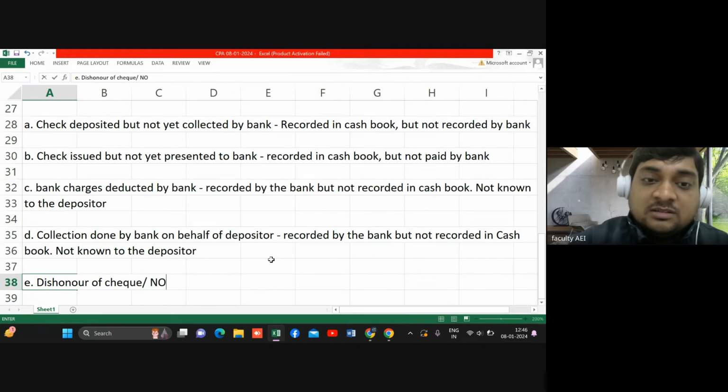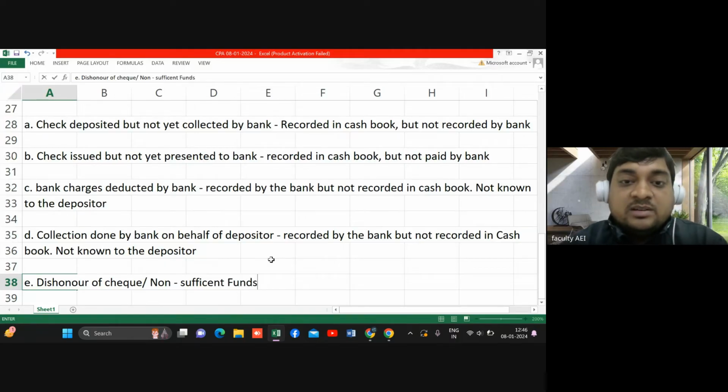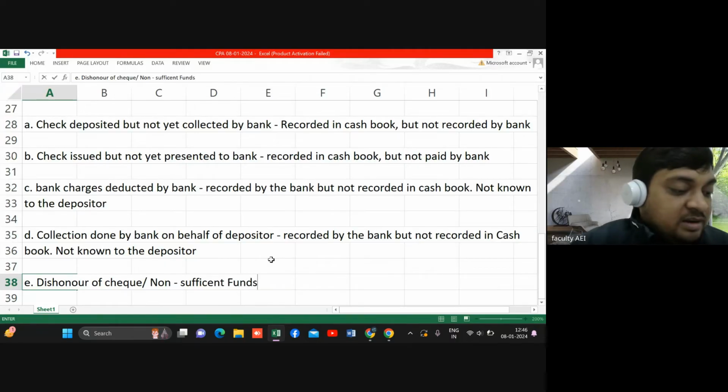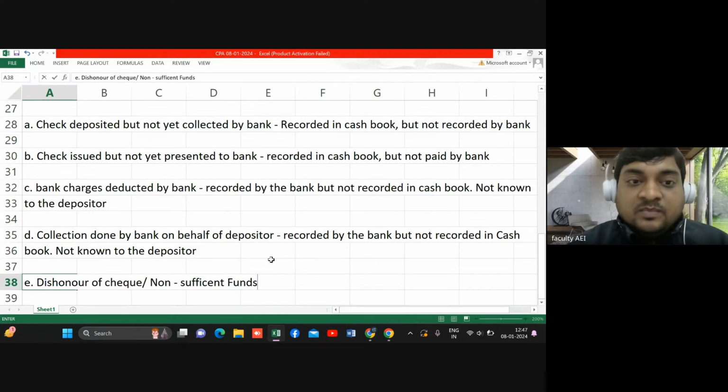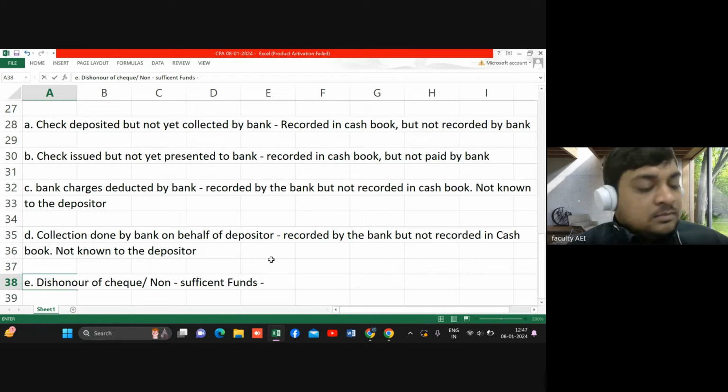So this is non-sufficient funds, right? Basically, dishonor of check, non-sufficient funds.